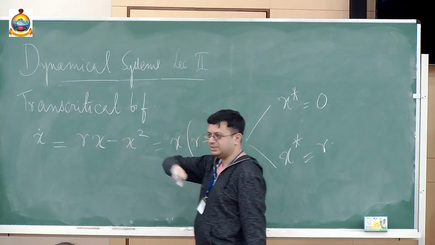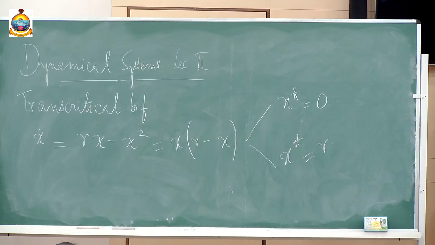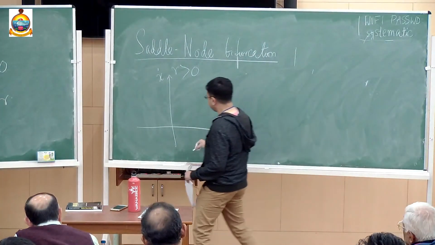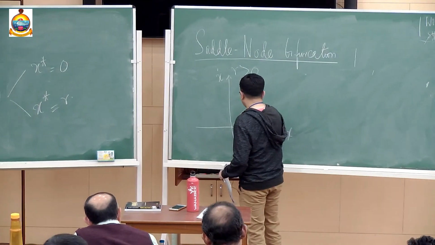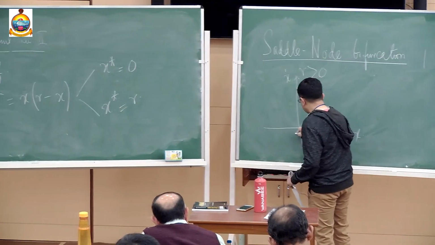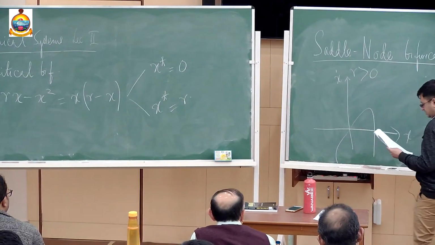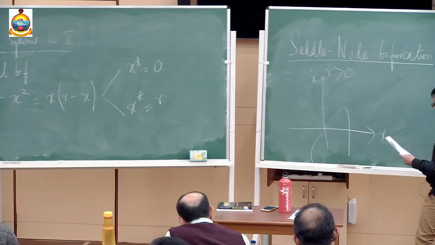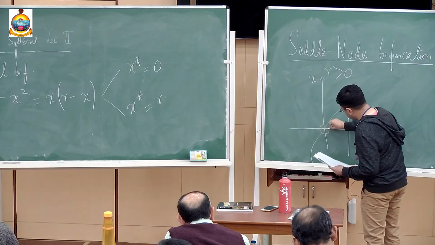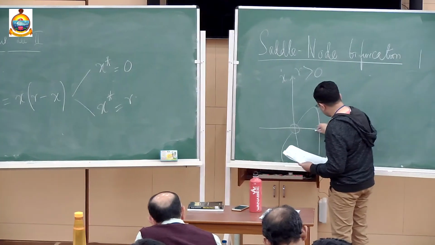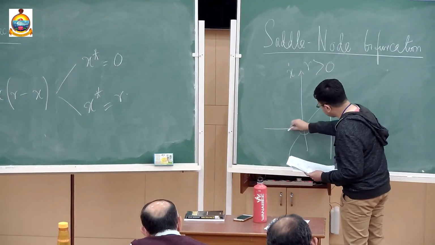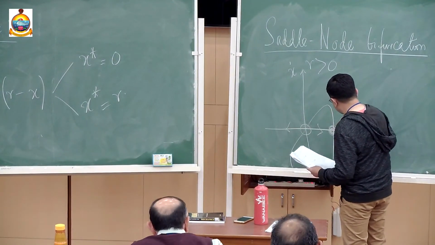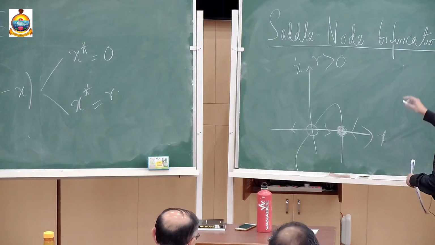So it's a linear dependence, so it's going to give you a straight line, and then eventually it is going to be minus x square, and then this way. So here I have a fixed point, and here I have another fixed point. This is a stable one, this is an unstable one, and the flow is like that. This is R greater than 0.